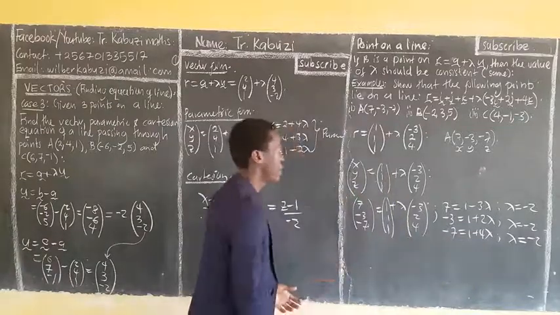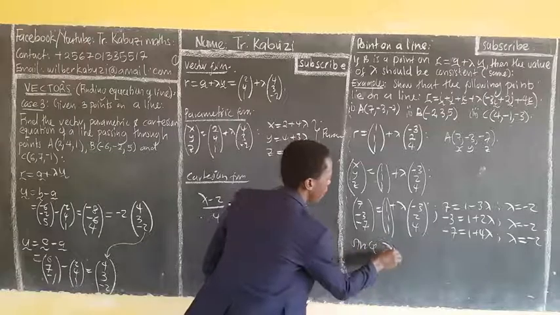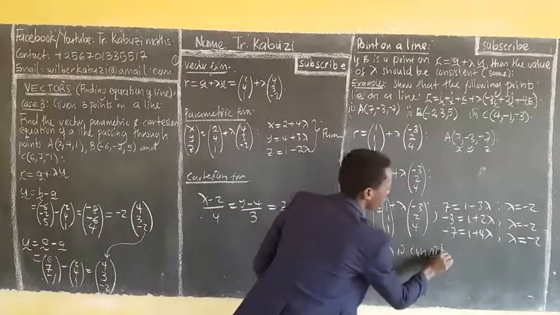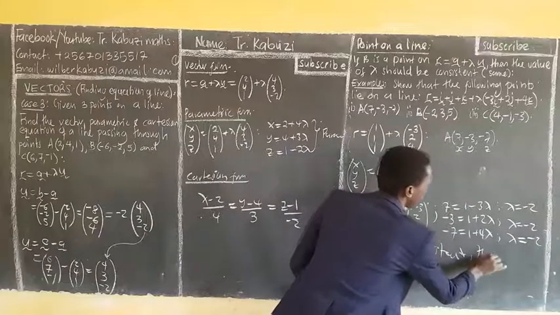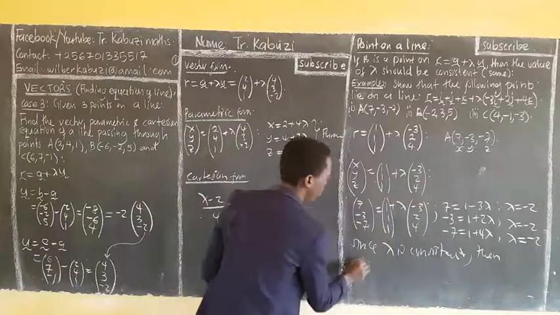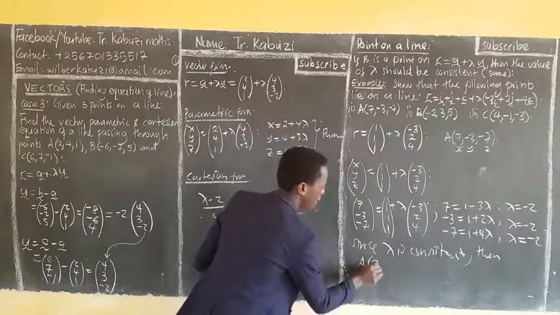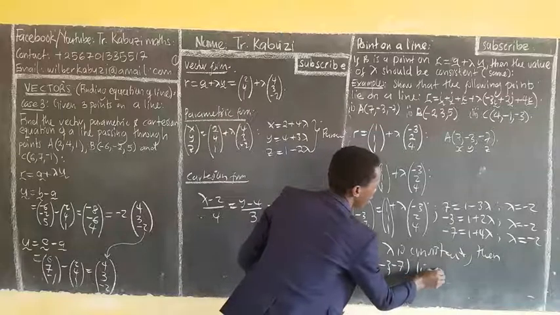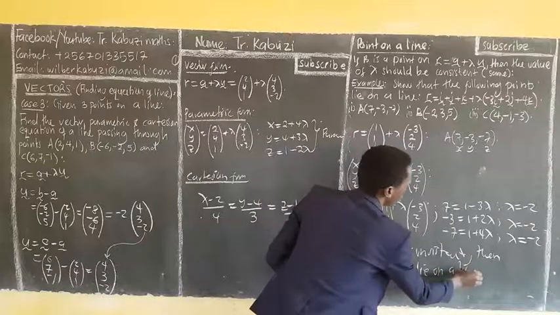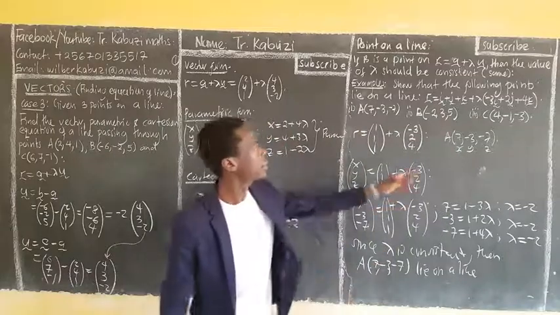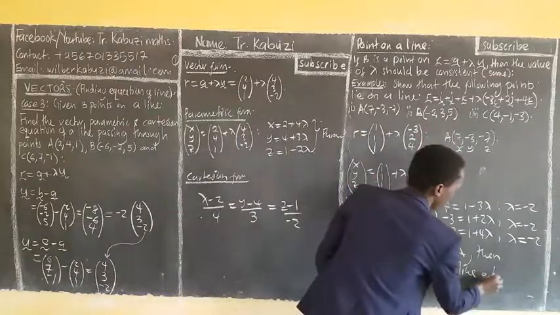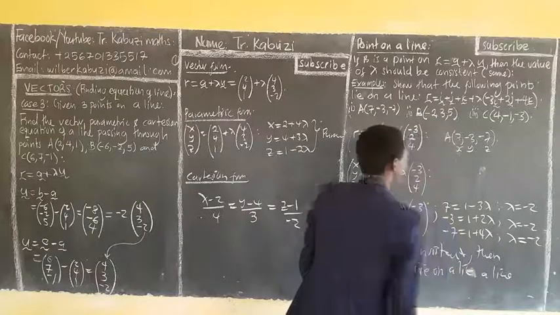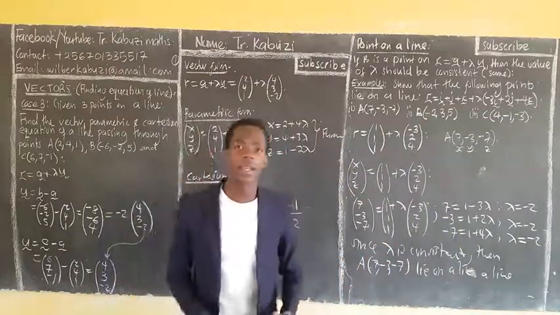Then I conclude that since lambda is consistent, this point 7, negative 3, negative 7 lies on this line. So that's how, members, we show that a point is on the line.